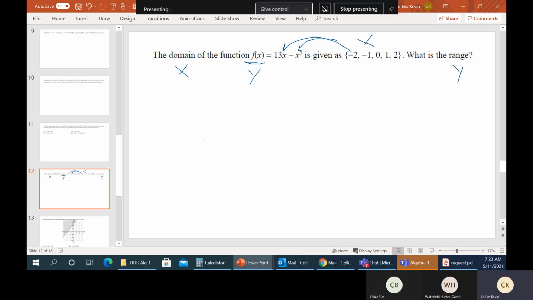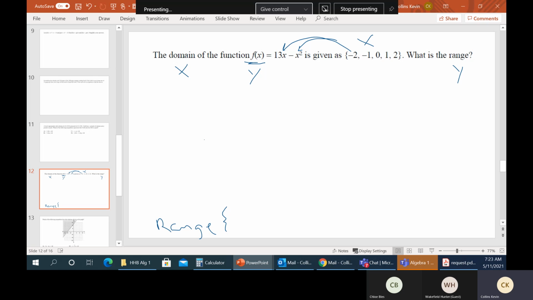Make sense? All right, so we'll put the range down here and we'll do some calculations. All right, so range, and then we're going to get some points, right? And since we have 5 x points, we should get 5 y points.